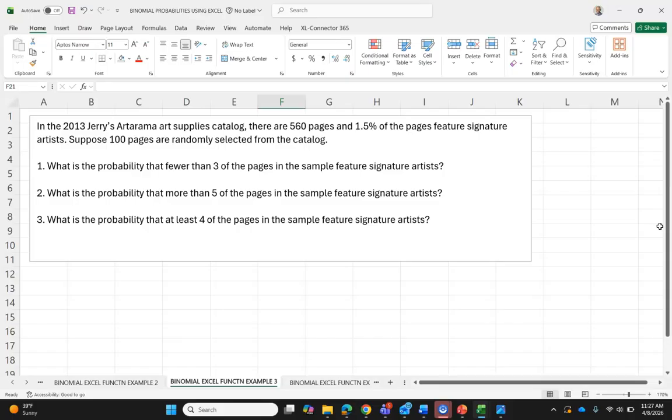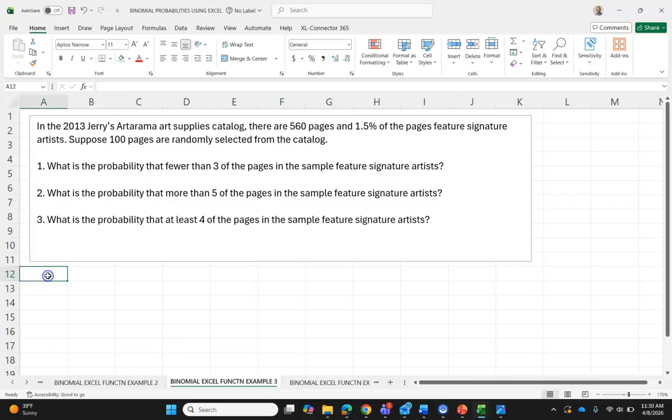What is the probability that more than 5 of the pages in the sample feature signature artists? And what is the probability that at least 4 of the pages in the sample feature signature artists? So to start with, as we did before, we are going to see if this satisfies the binomial distribution kind of question.